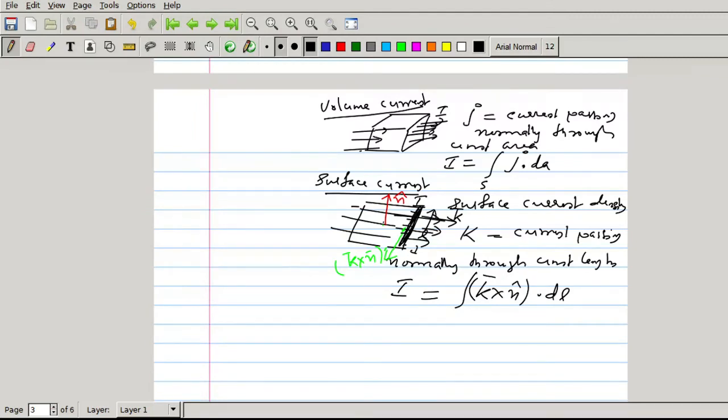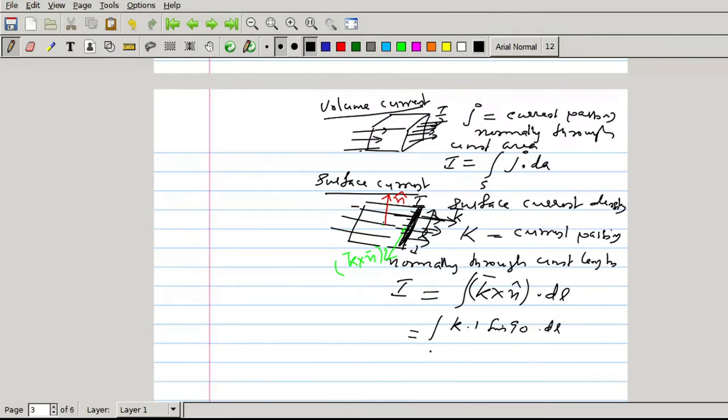If all the elements have the same current density, and we take this as a rectangular sheet, and this length and n are perpendicular, then K cross n is K into the unit vector, so 1 into sine theta, where the angle between K and n is 90 degrees, into dl.